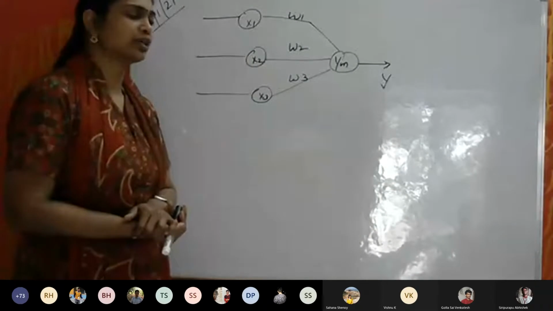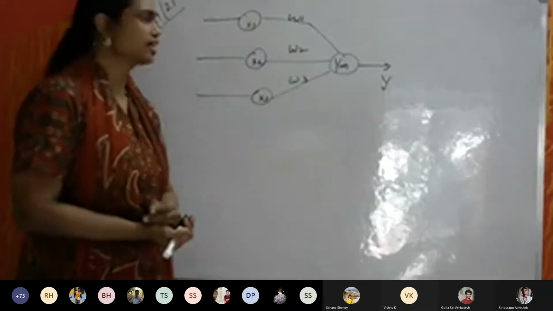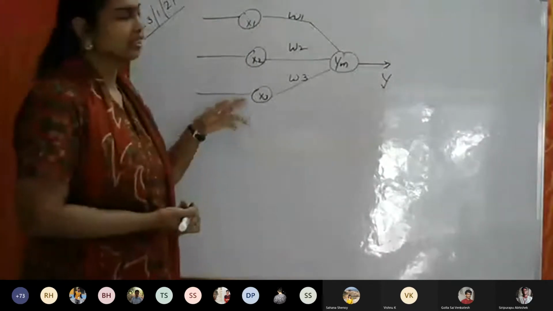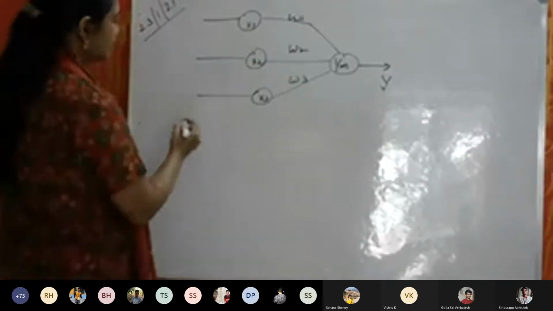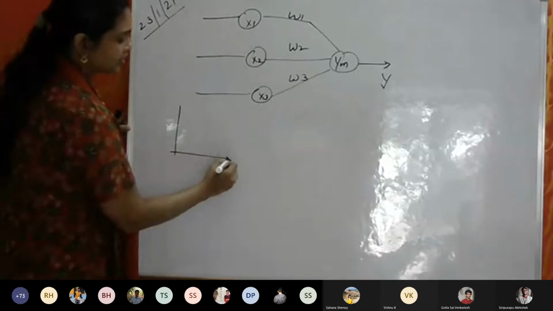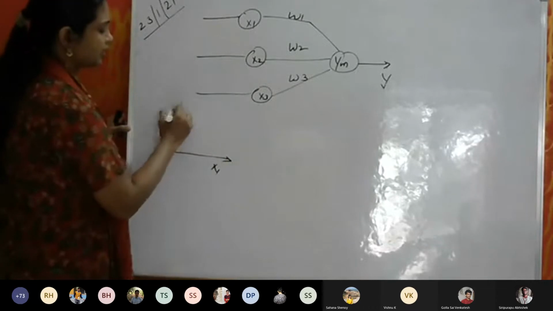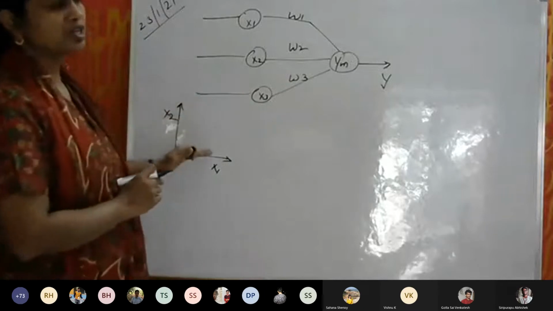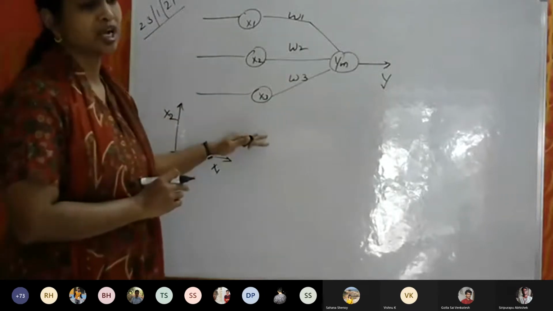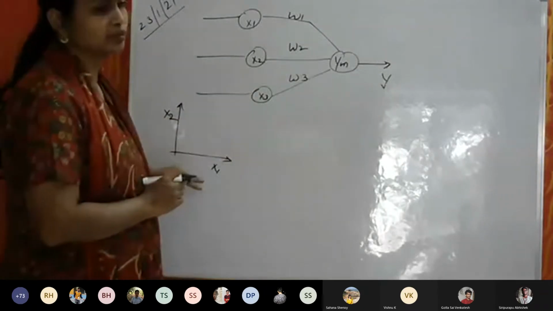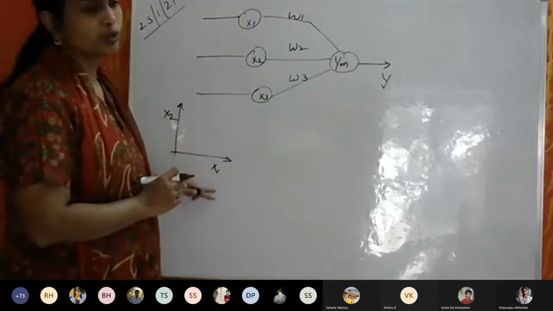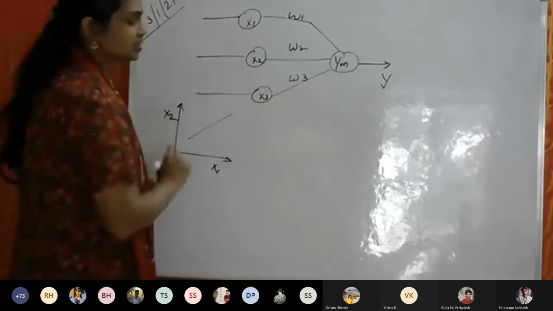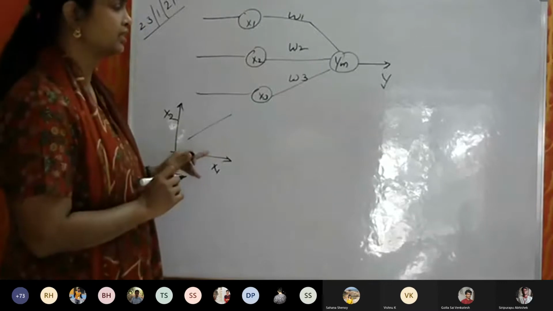Suppose I have only two inputs, x1 and x2, then I can draw x1 here and x2 here. Then I can separate the response of this neural network based on the inputs. So if I have two inputs, the responses I can separate using a line like this, a linear separator line.